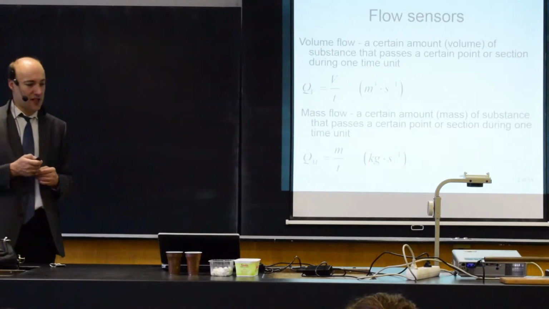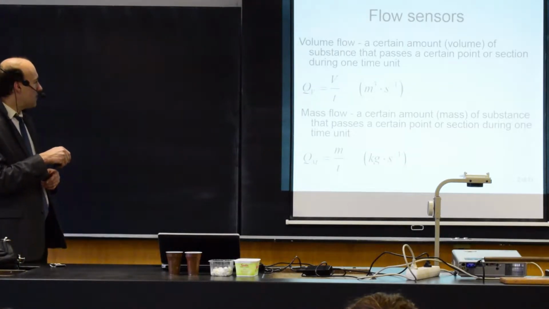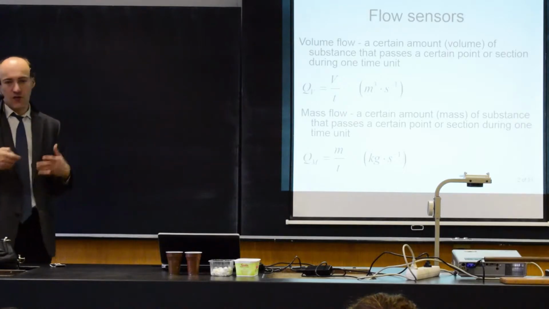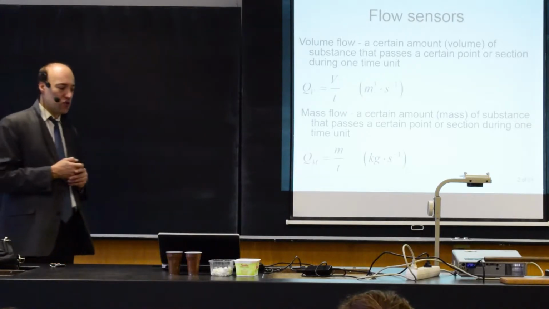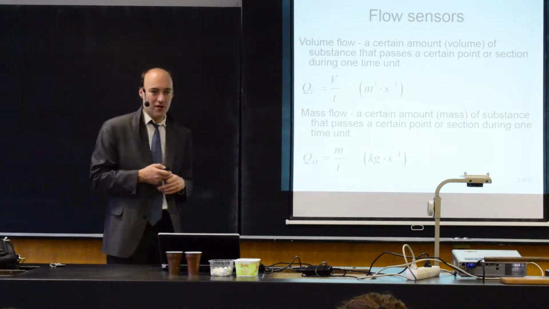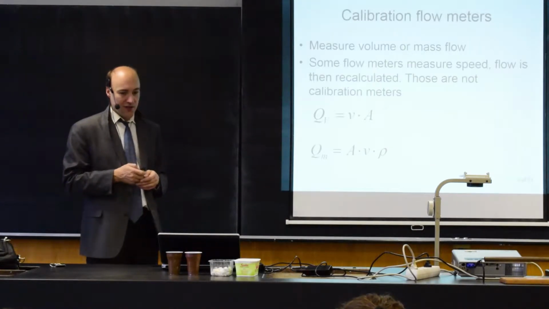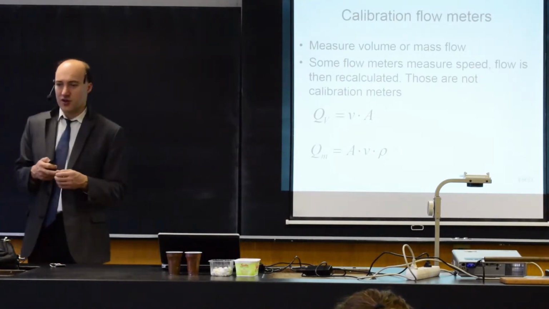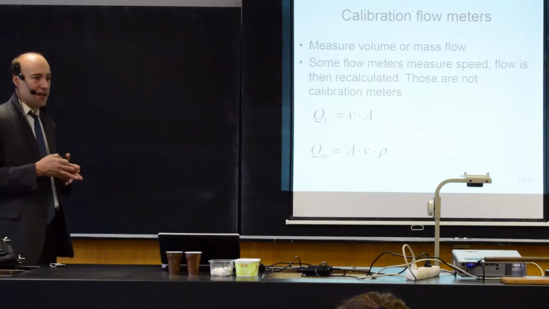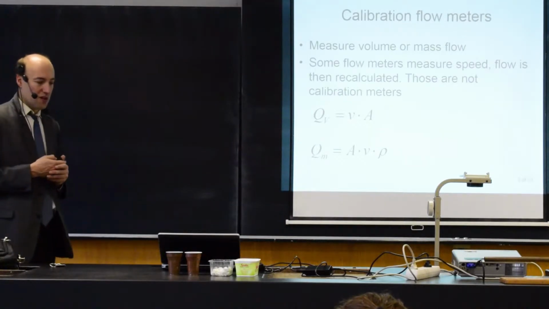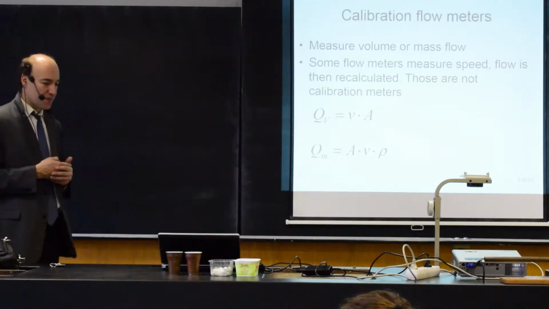The flow meters based on direct measurement of volume flow or mass flow are the ones used to calibrate all other devices. The flow meters based on measurement of speed cannot be used to calibrate the other instruments.